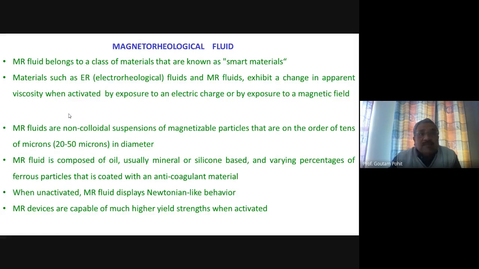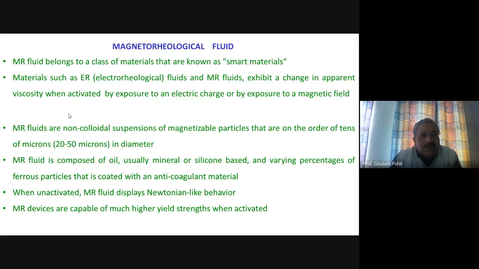Materials such as ER fluid or MR fluid exhibit a change in apparent viscosity when activated by exposure to an electric charge or to a magnetic field. MR fluids are non-colloidal suspensions of magnetizable particles that are on the order of tens of microns, 20 to 50 microns in diameter.